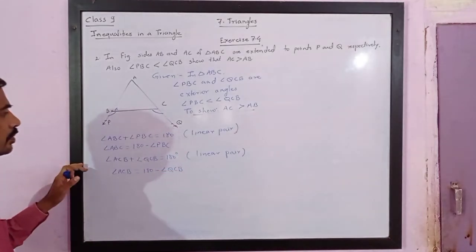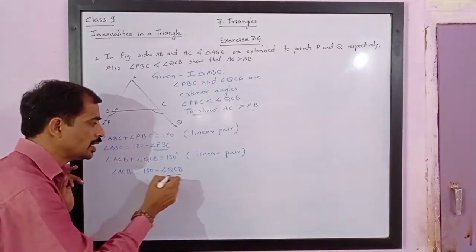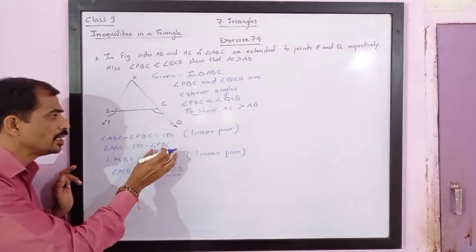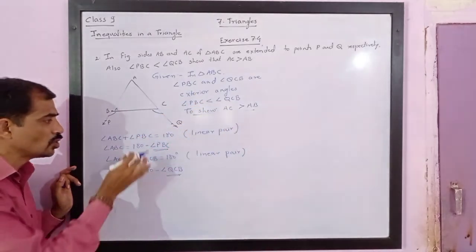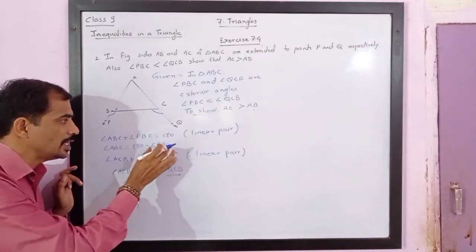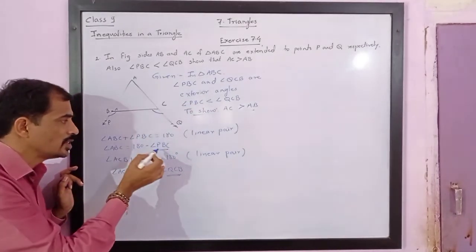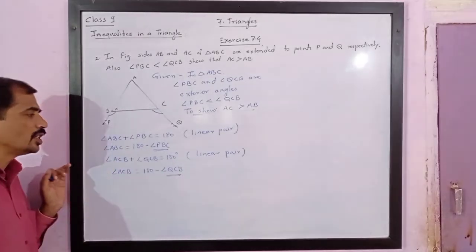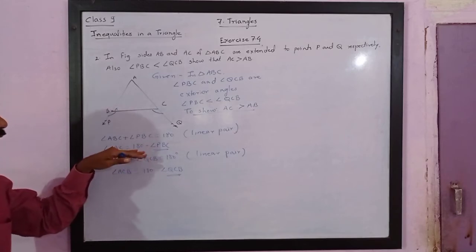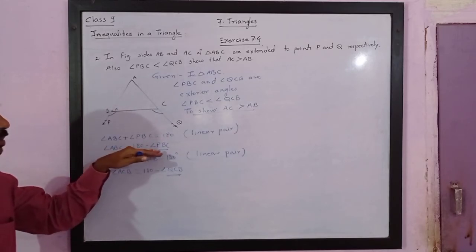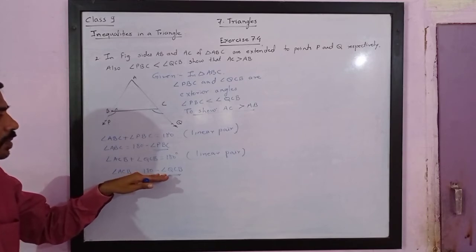Now watch. Here PBC is smaller than QCB. We are trying to find the relation between 180 minus PBC and 180 minus QCB.